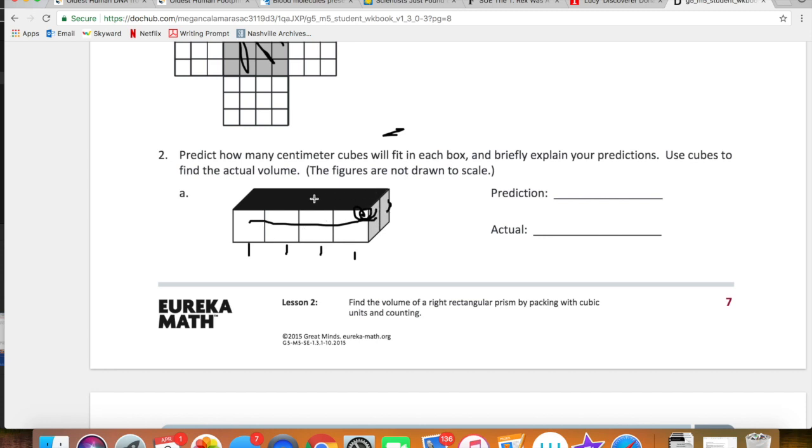Although we cannot see those cubes, we know that's what's going on because the top here is completely level. So if we have 4 in the front row, then we know we're going to have 4 in the back row. So we're going to predict 4 plus 4 is equal to 8.